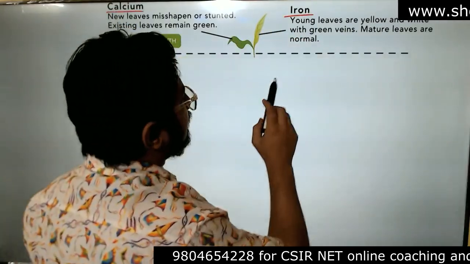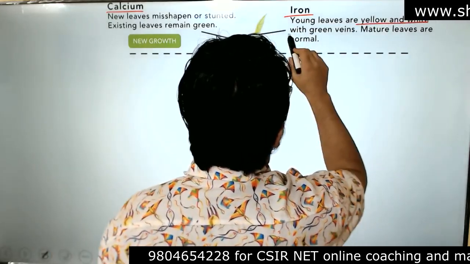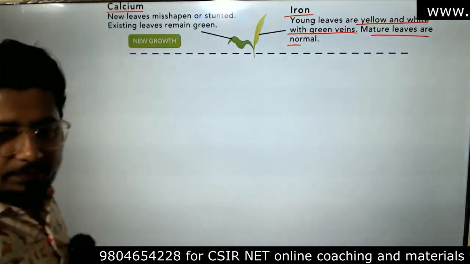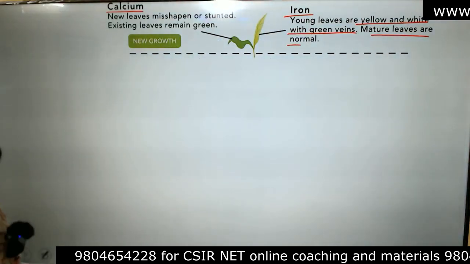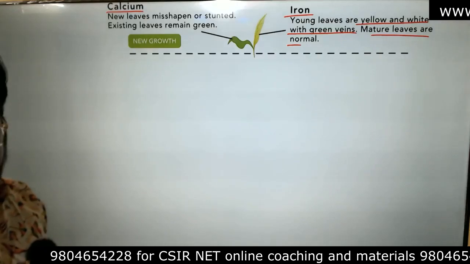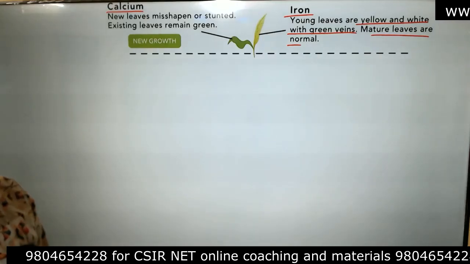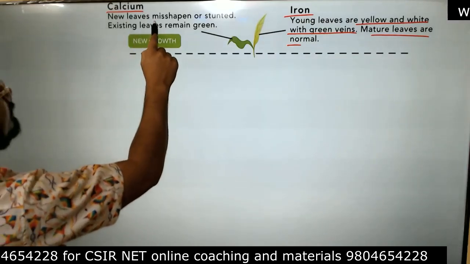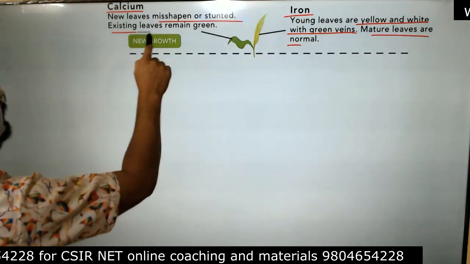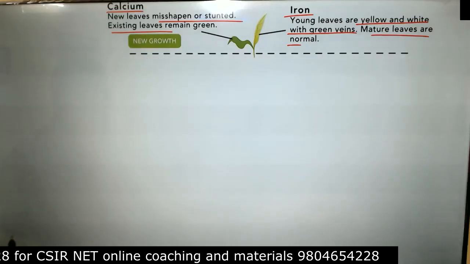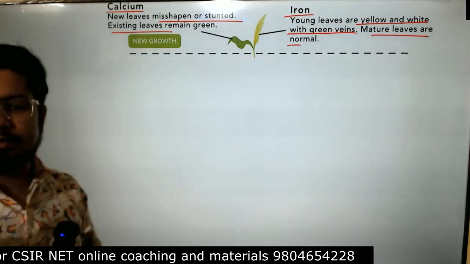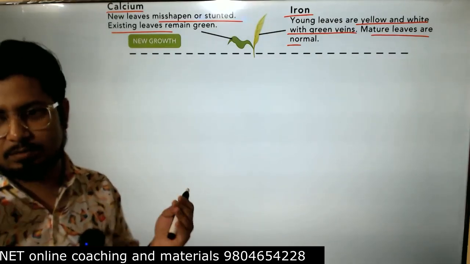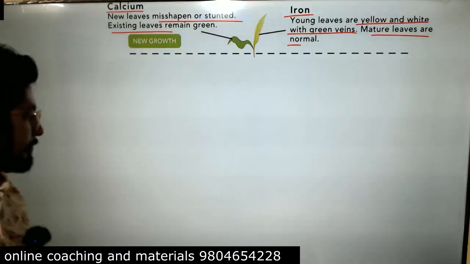Iron deficiency causes young leaves to be yellow and white with green veins, while mature leaves are normal. The very young leaves will be yellow, but once they mature they will be a normal color. If there is a calcium deficiency, the new leaves are misshapen or stunted and existing leaves remain green. New leaves may not even form, or if they start forming, they will be stunted, not of proper shape or size.